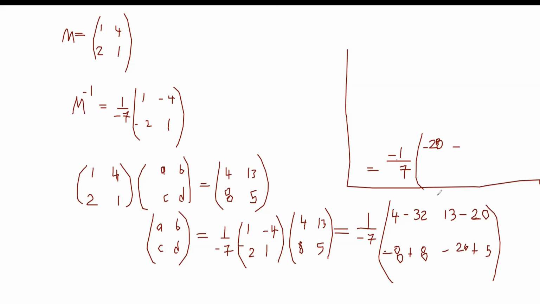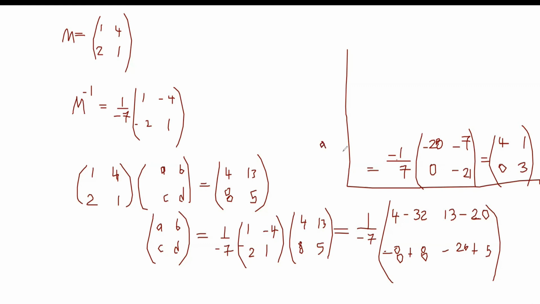Then minus 8 plus 8 is 0, and this is negative 21. Now we multiply each element by negative 1 over 7. So negative 28 over negative 7 is 4. Then this is 1, this is 0, and this is 3. But remember, this was A, B, C, D.